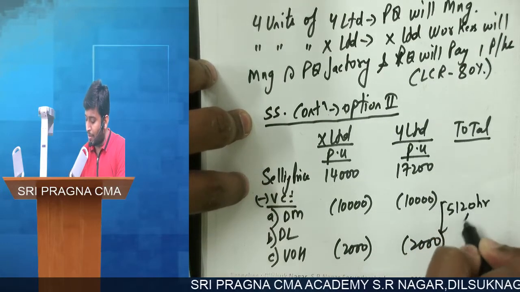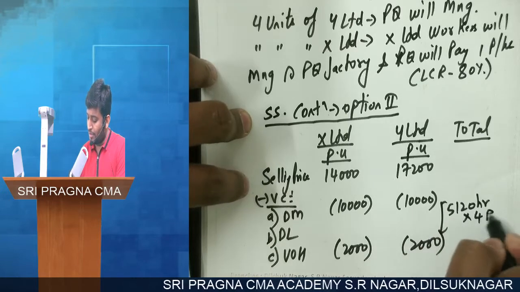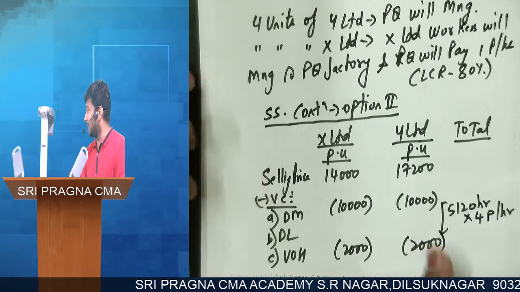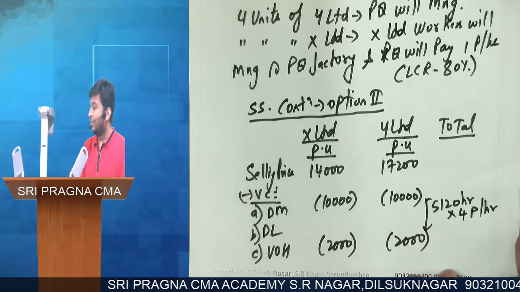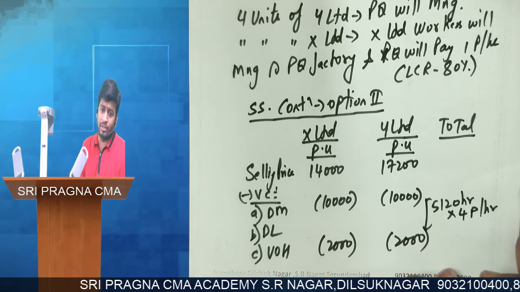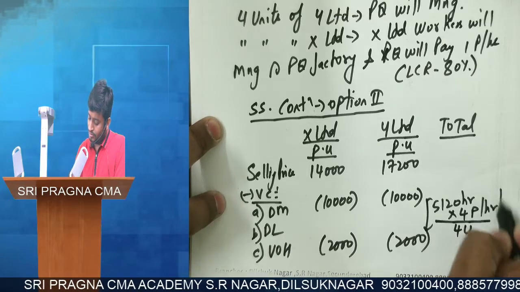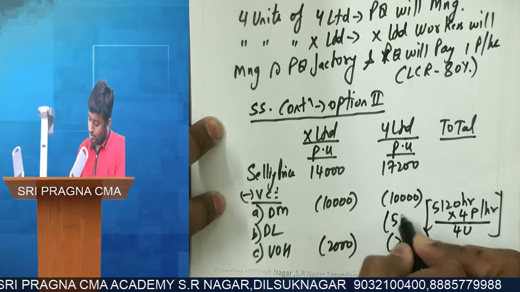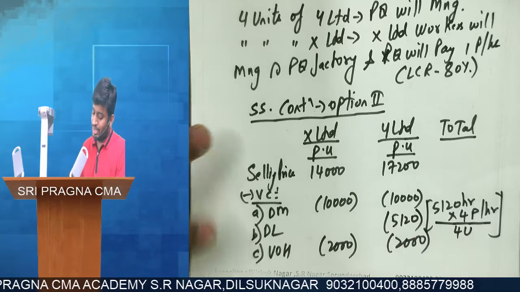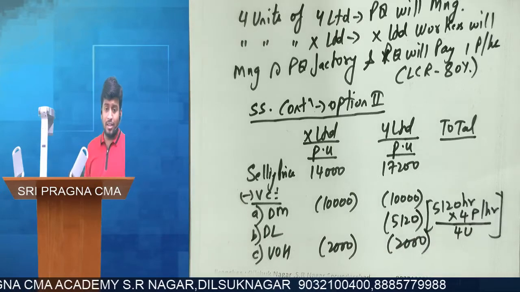How much are we paying per hour? 4 per hour. Total, how much comes? This is labor cost for how many units? Divide by 4.